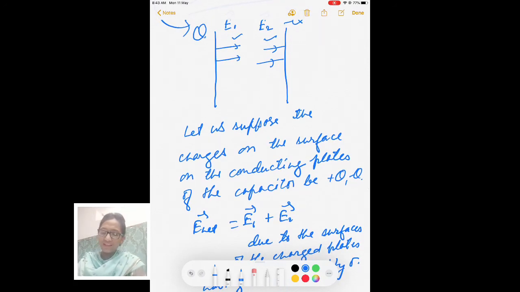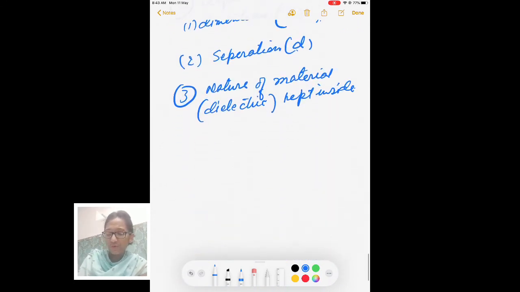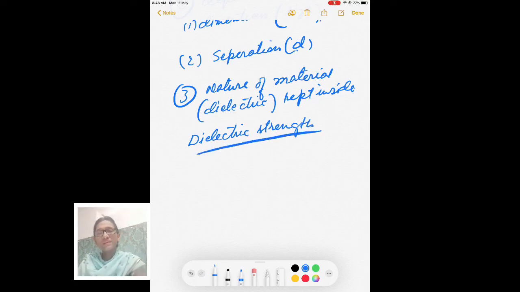So there is a term called dielectric strength, which varies from material to material.